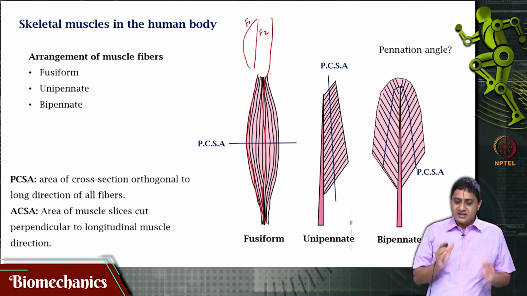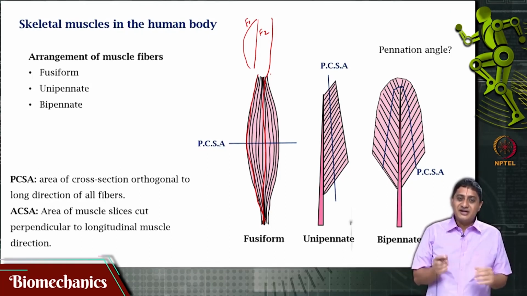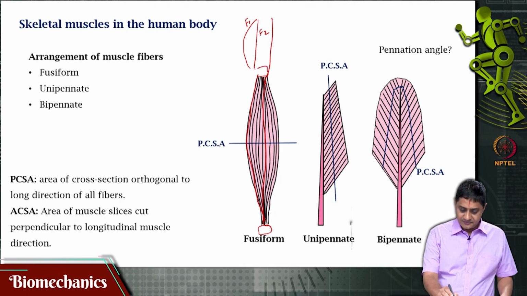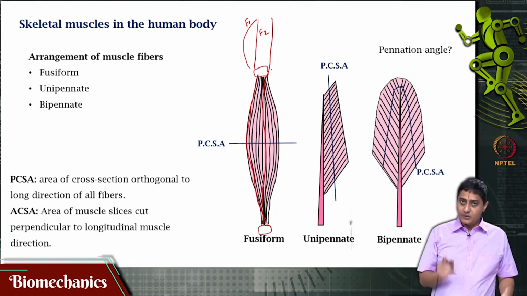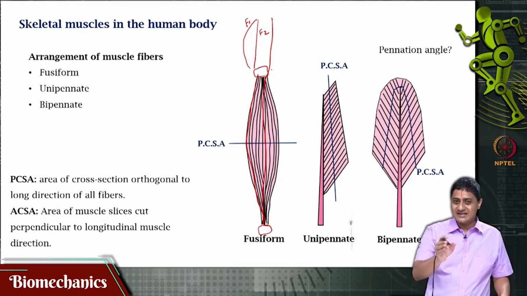So depending on the arrangement of the fiber, depending on where the particular fiber is located, its length may vary. But note that its attachment to the bones happens through tendons here and here. There are only two tendons, so all the force is transmitted through these tendons serially.